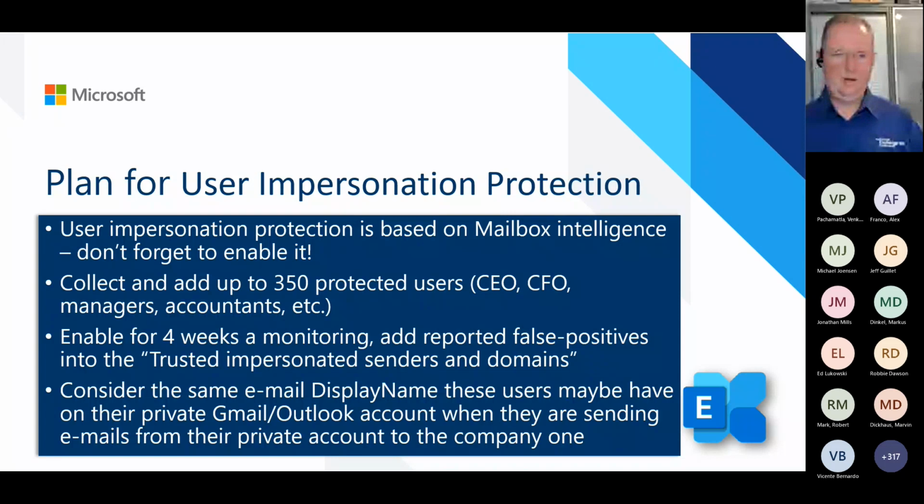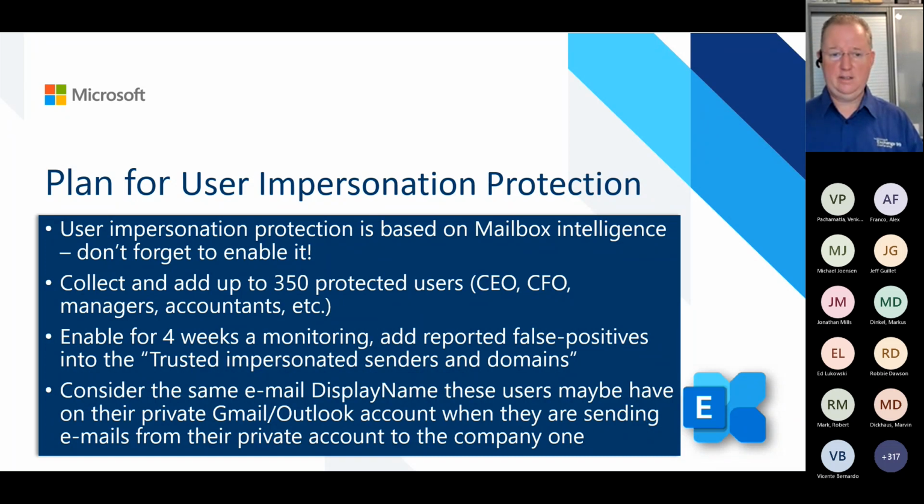Why? Because user impersonation protection looks for similar or same display names. And of course, especially if you're working in a partner environment where you have partners coming in and out, and your users use, for example, Gmail and Outlook accounts at the same time, they might be blocked if you implement it, let's say, too strongly at the beginning.